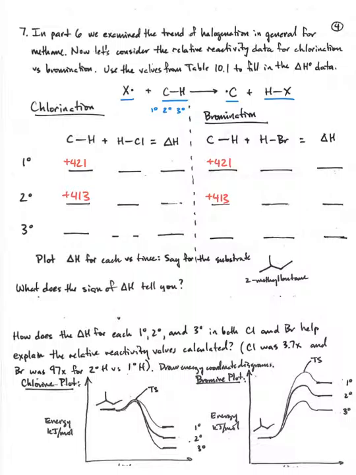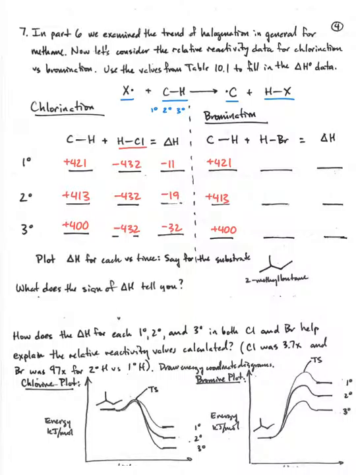Tertiary, now we're looking at the 2-methylpropane value, and this was plus 400. And then this number here, HCl, for this entire column, this is going to be negative 432. So that value is staying the same. Now we're adding these together. We get negative 11, negative 19, negative 32.